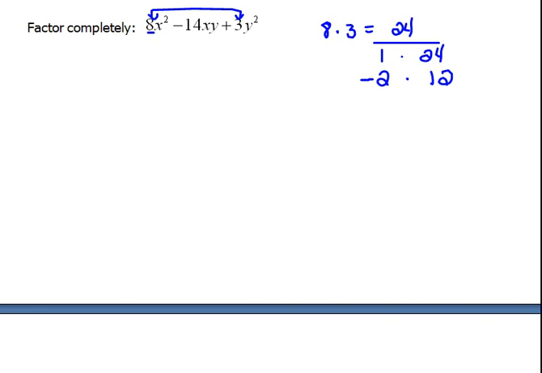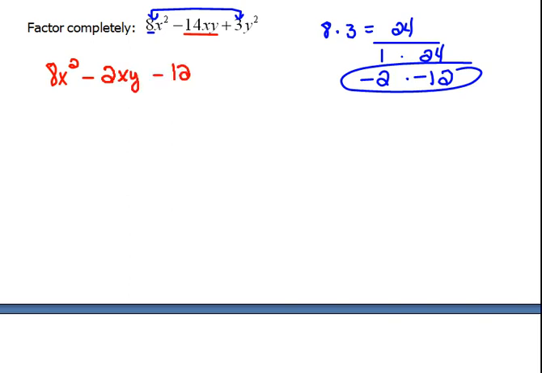A negative 2 times a negative 12 would give us a positive 24, and when we add them together, it would give us that negative 14 also. So this is how we're going to break up the middle term. We're going to rewrite this as 8x squared, then instead of the middle term, I'm going to write minus 2xy minus 12xy plus 3y squared.